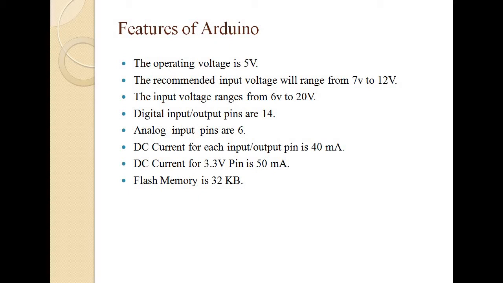Then DC current for each input output pin is 40 milliampere. DC current for the 3.3 volt pin is 50 milliampere. Flash memory is 32 KB. Okay. So this is regarding the features.